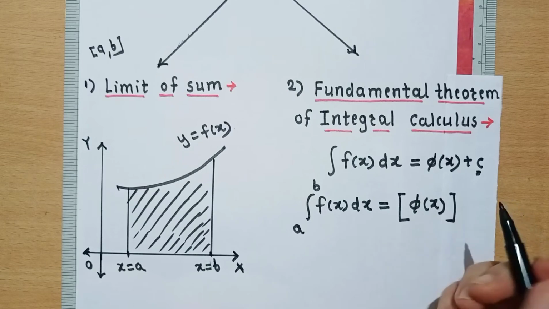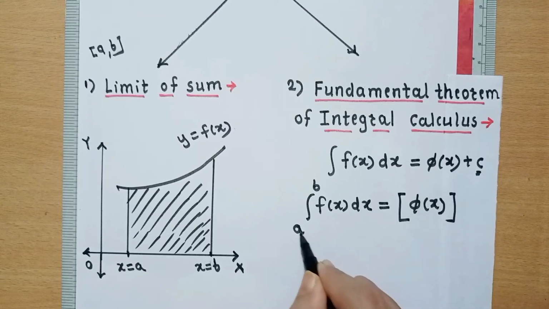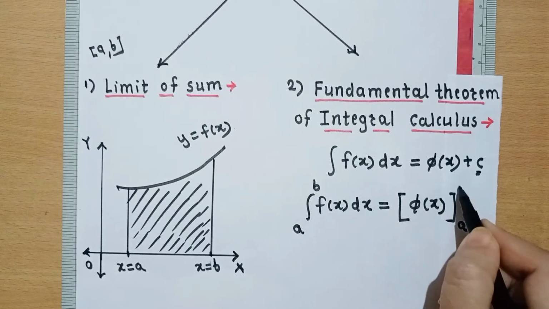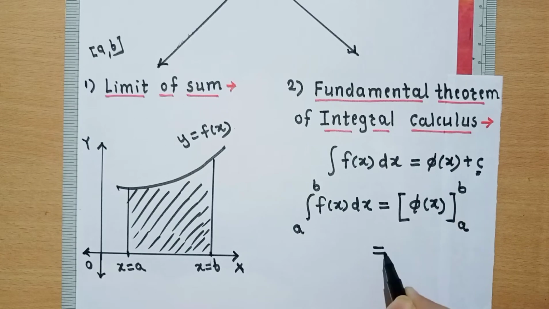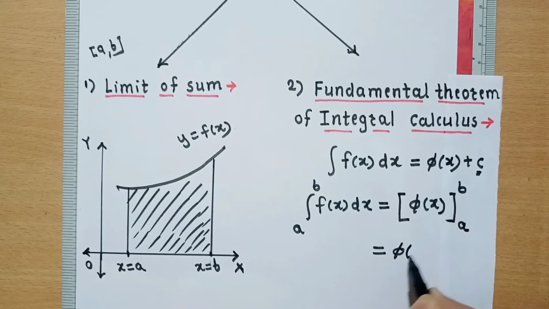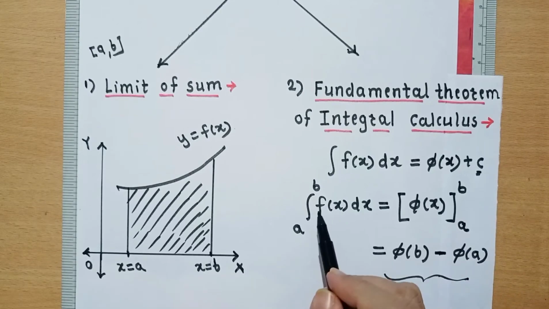Why? We will see in the next lecture. First check what is the theorem. We will write this lower limit downside and this upper limit upside, and after that first substitute the upper limit. So we will write phi of b, then the middle sign minus, and then substitute the lower limit, that means phi of a. We will use this formula and we will find out the value of this definite integration.